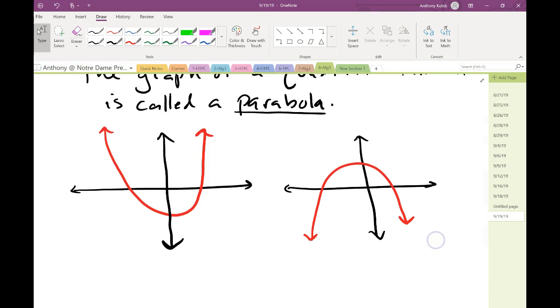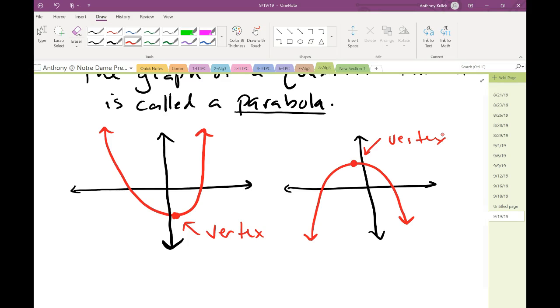One of the key points on a parabola, and a point that's going to be of special interest to us, is the vertex. So just like an absolute value function, the vertex is kind of that highest or lowest point on our graph.